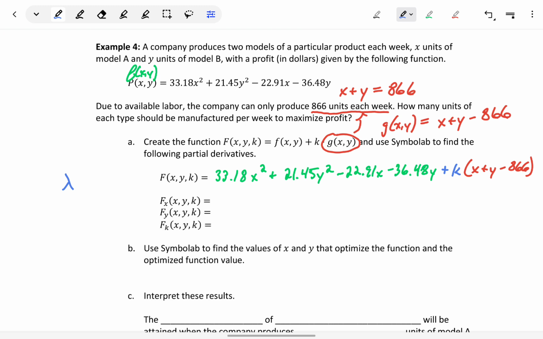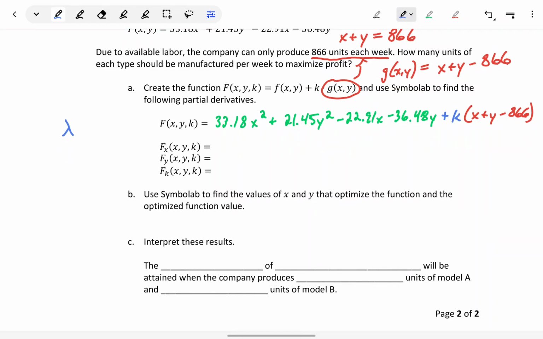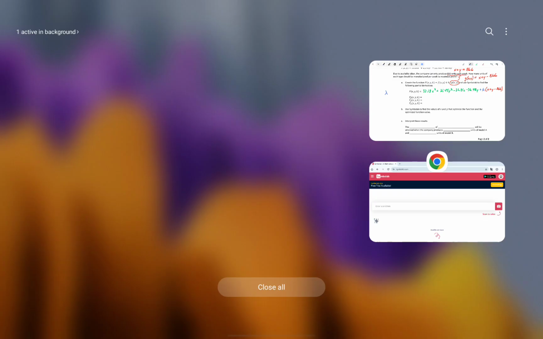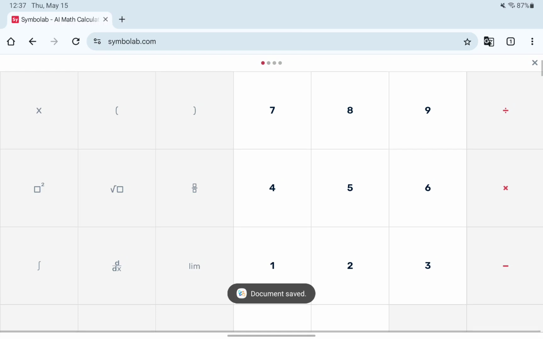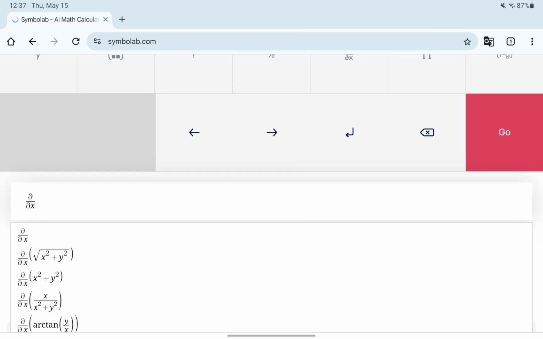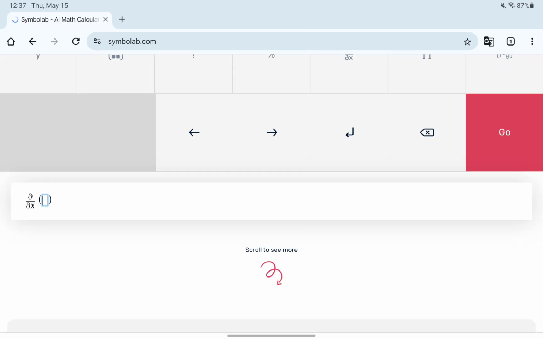Now that we have that function set up, we need to find 3 partial derivatives, f sub x, f sub y, and f sub k. To do that, we need this delta over delta x notation, and then we'll input our function that we just created.